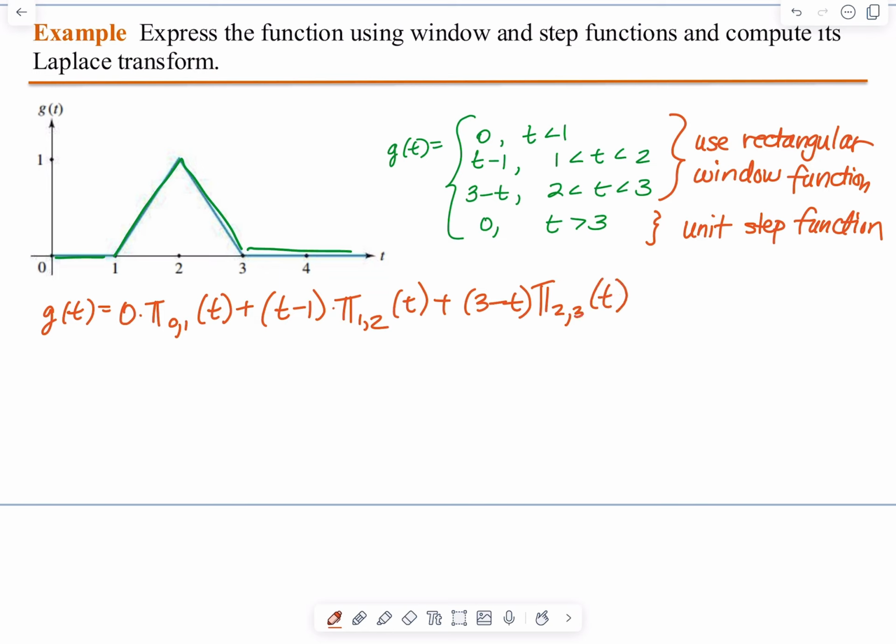And now let's go ahead and use our unit step function, 0 multiplied by u of t minus 3.